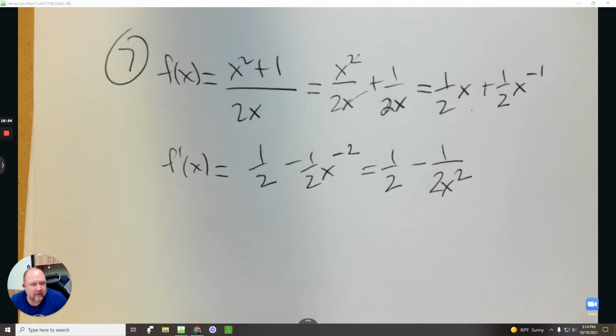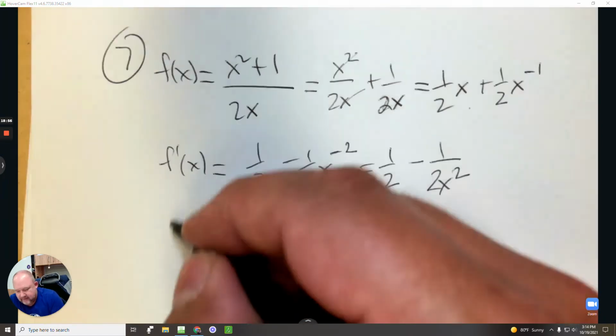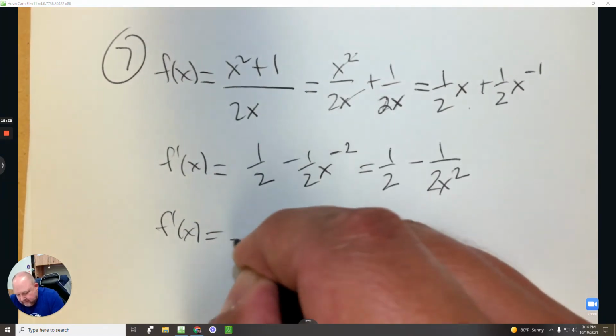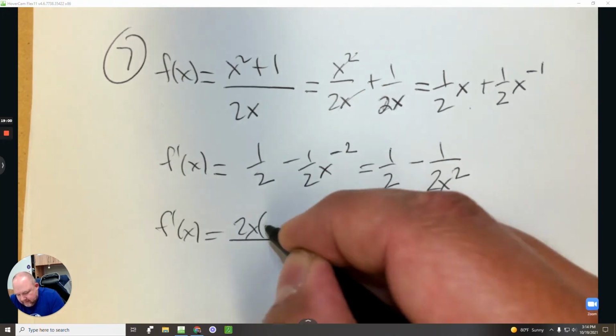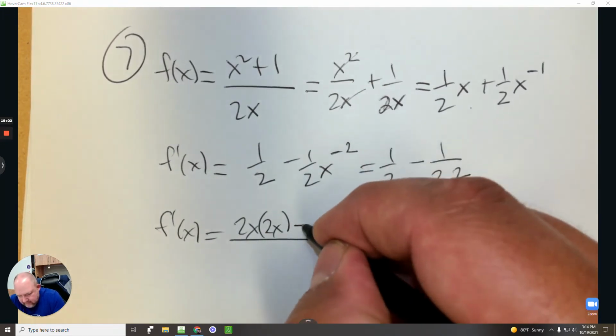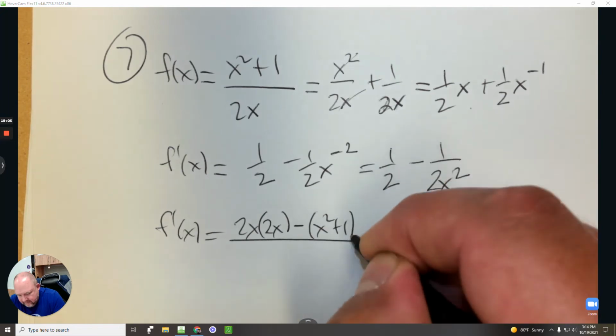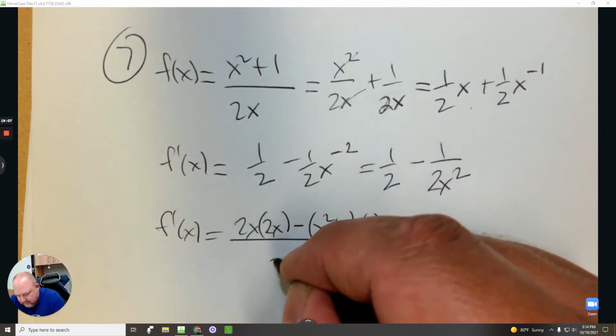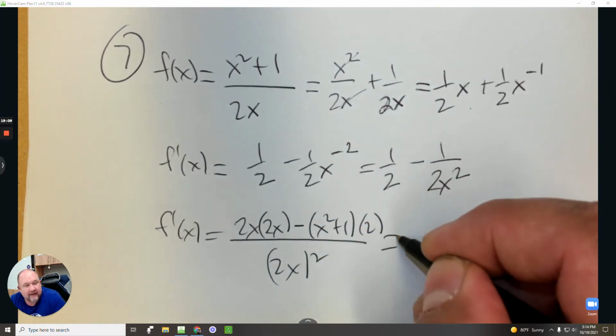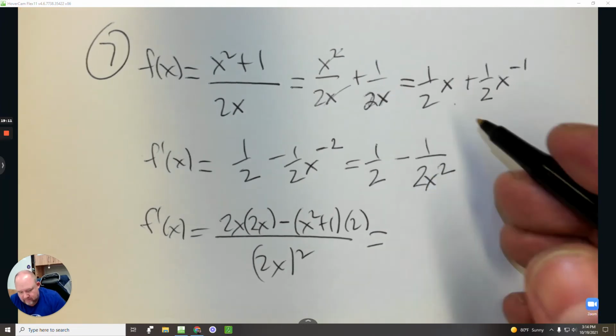I don't know if that was more helpful or not. If I did it the other way, it would be the bottom times the derivative of the top minus the top times the derivative of the bottom and the bottom squared. I'm not sure, I think I might have not made it more helpful.